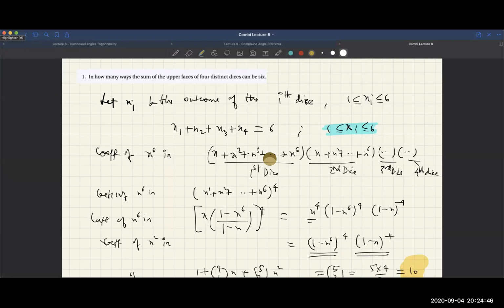Then 2 plus 2 plus 1 plus 1. Yeah, not many possibilities are there. So 10 makes sense. Yeah, this is fine. Now it is clear, Anand. Yes, sir.